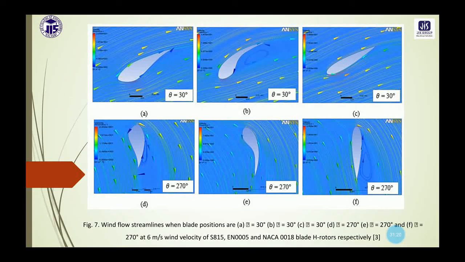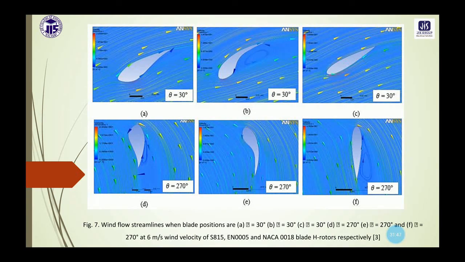These are some wind flow streamlines plotted for the different blade profiles S815, EN0005 and NACA 0018, for theta equals 30 degree and 270 degree, where theta is the azimuthal angle.